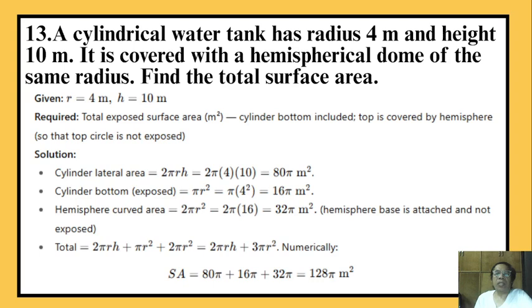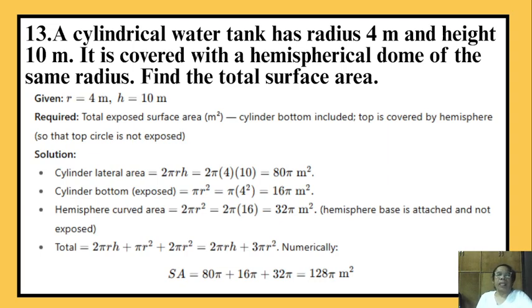Substituting the radius, the answer is 16 pi meters squared. And the hemisphere curved area is 2 pi r squared. Substituting the given radius, you will have 32 pi meters squared.